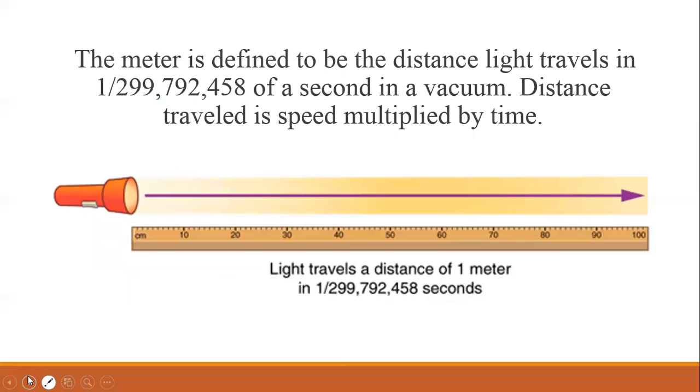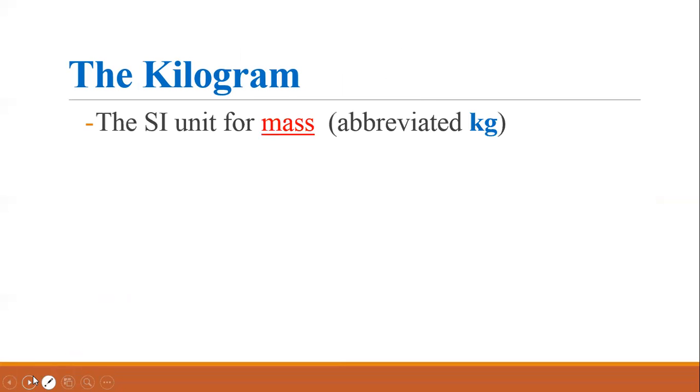So I mentioned earlier, accuracy in the fundamental units is essential, because all measurements are ultimately expressed in terms of fundamental units. We have the kilogram, the SI unit for mass, abbreviated by kg.